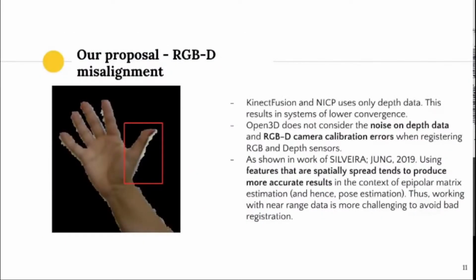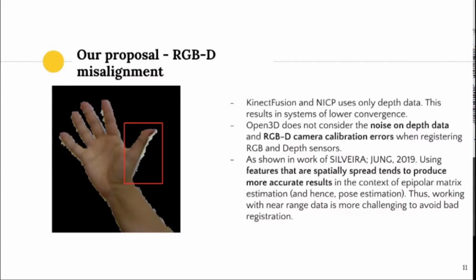Taking a look to the previous works, we have observed some space for improvements. Kinect Fusion and the NSP uses only depth data. This results in instance of more limited convergency. Open3D does not consider the noise of depth data and the RGBD camera calibration errors when registering RGBD and depth sensors.